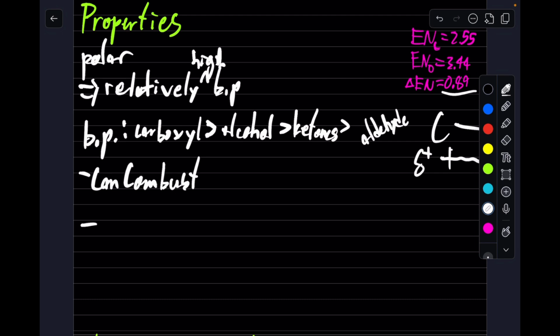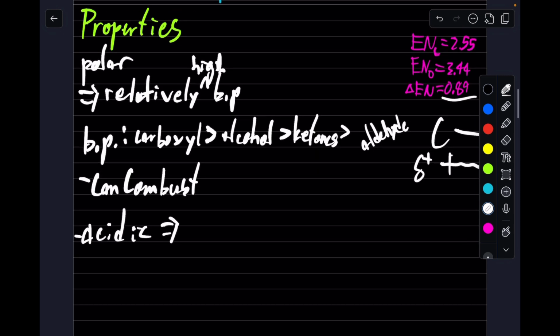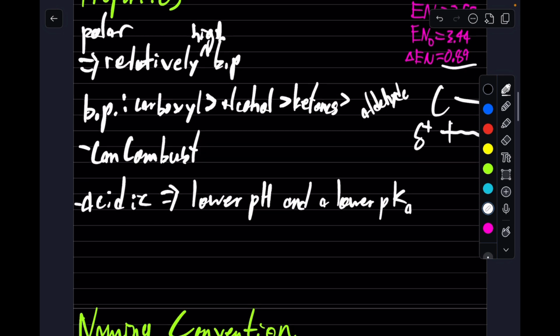Also, these can be acidic in nature. Which means they have lower pH and a lower pKa, which I will go into in another video.